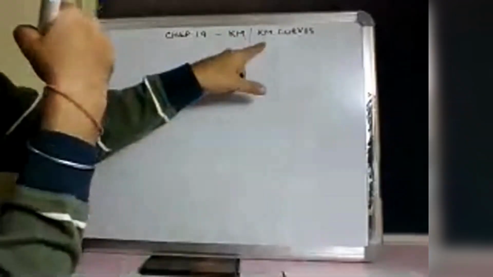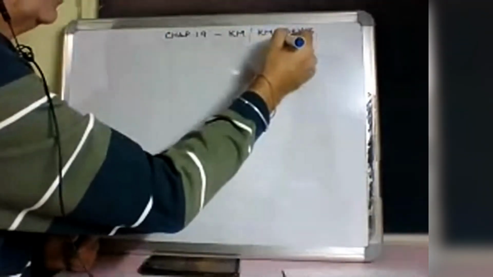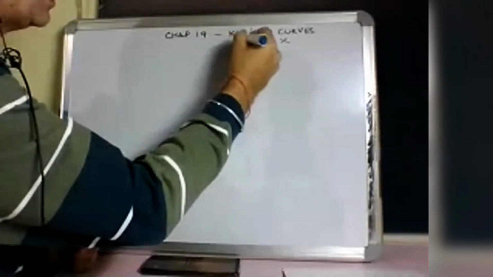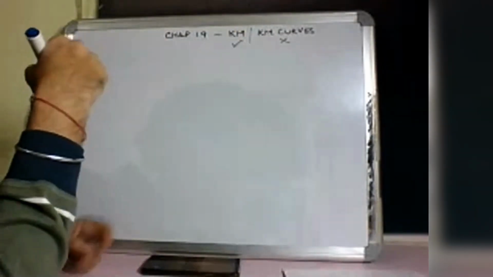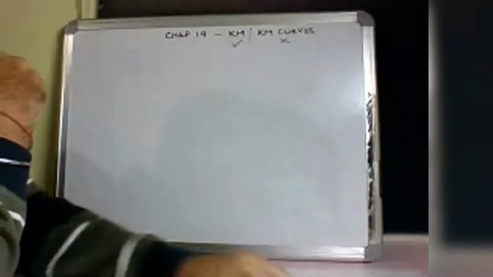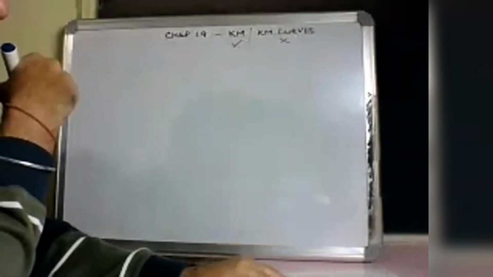The KM curves is not in our syllabus, so we won't do that. But calculation of KM is very much in our syllabus. So we'll concentrate on calculation of KM. All right.